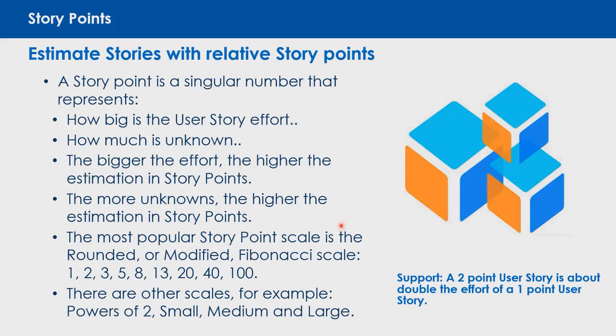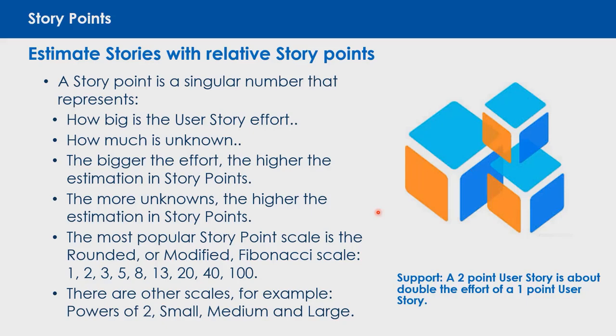Generally, the rule is the team comes up with its own idea of what a one story point is, and stories are estimated relatively, meaning they're estimated against one another. We don't just take an effort of what we think they are.